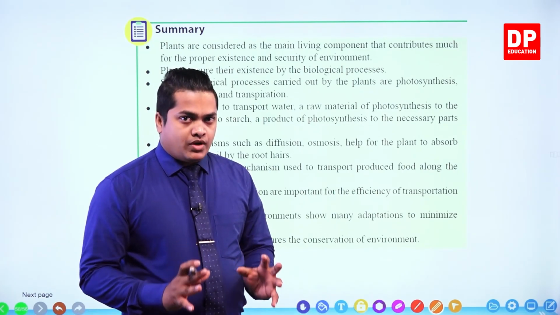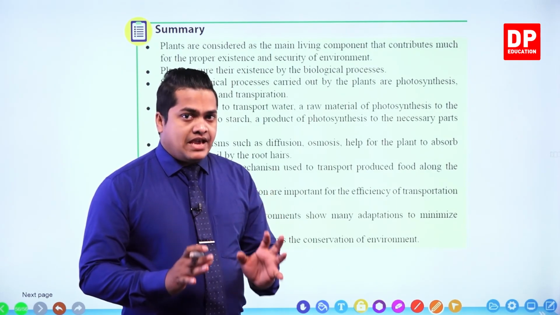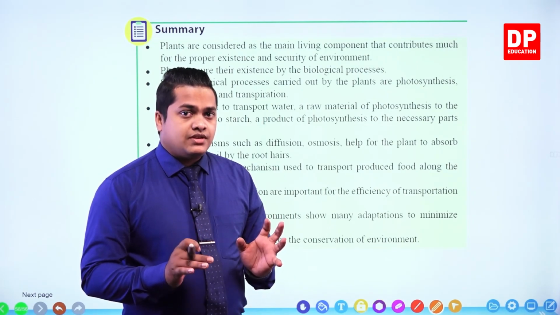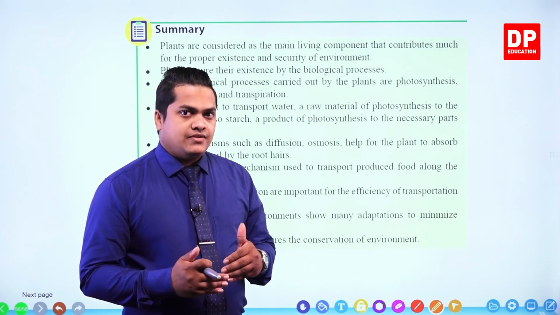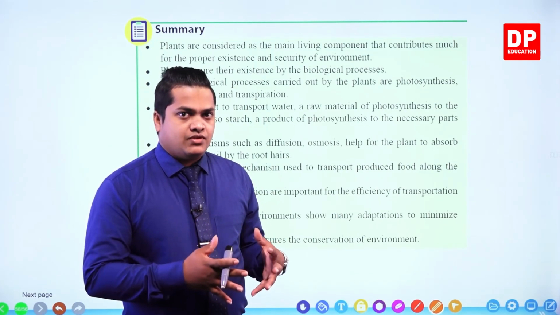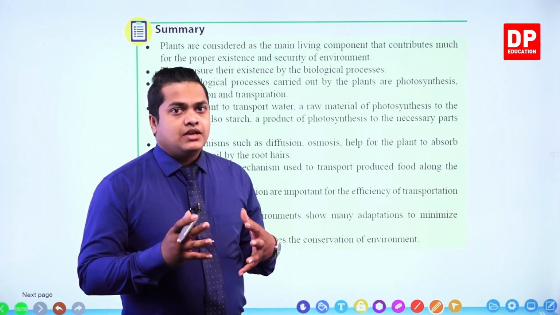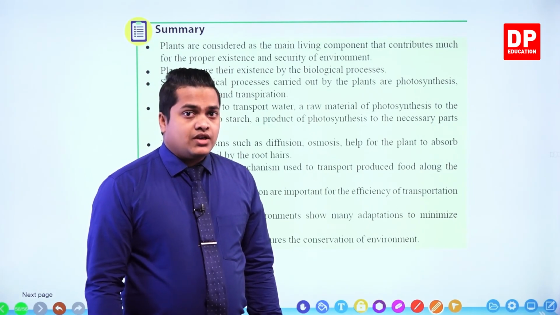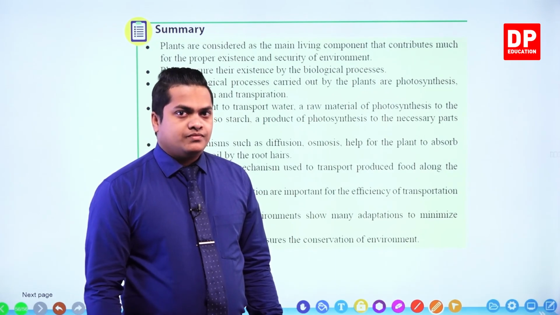To transport that food, mass flow is the transportation process, which involves energy, and it is helpful for transporting food substances within the plant. It is carried out by a special tissue which is called phloem tissue, right?